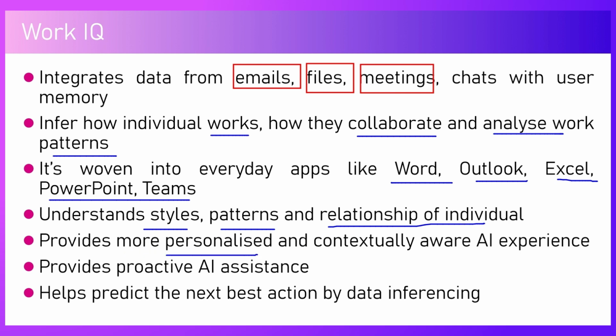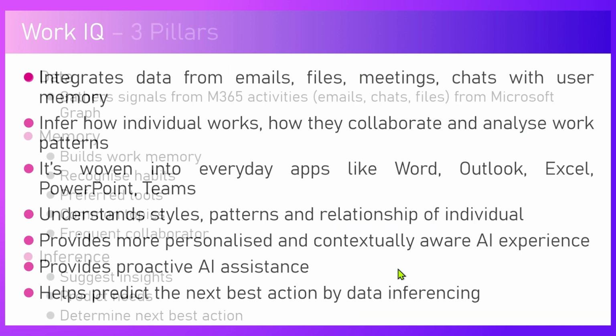It is all about providing a more personalized and contextually aware AI experience for end users. It helps predict the next best action by data inferencing. Be it an email, a meeting schedule, or any task which is about to come in the near future, it helps predict that next best action by inferencing from data across Microsoft 365.